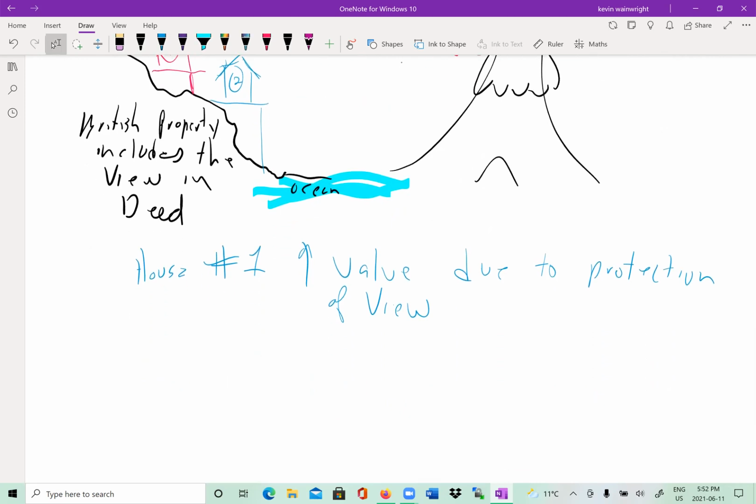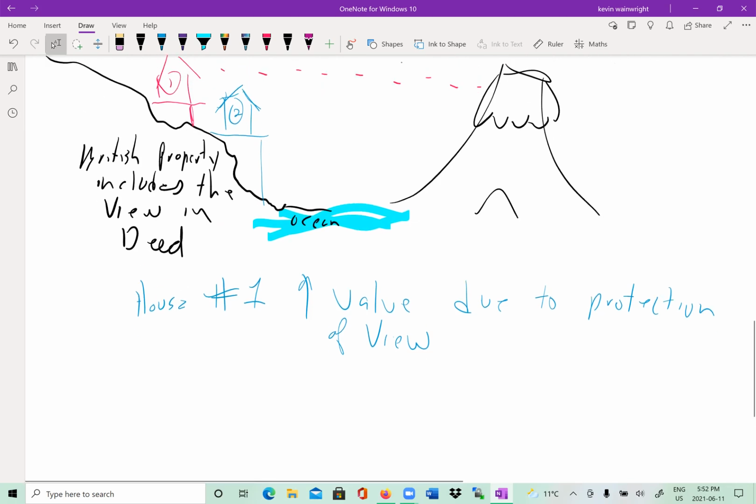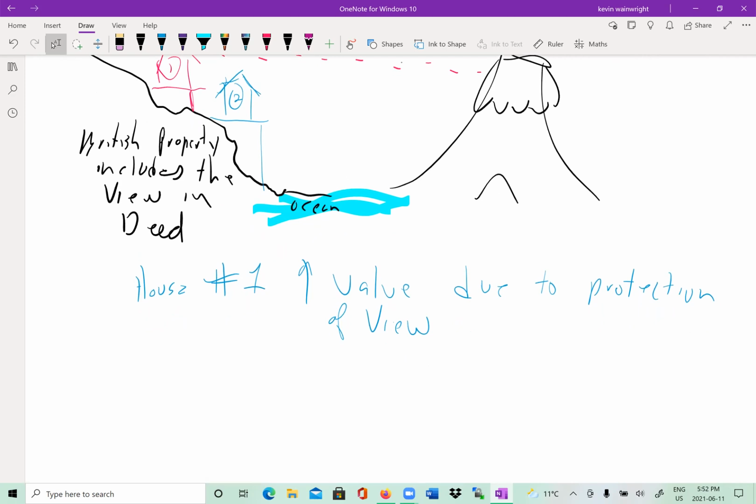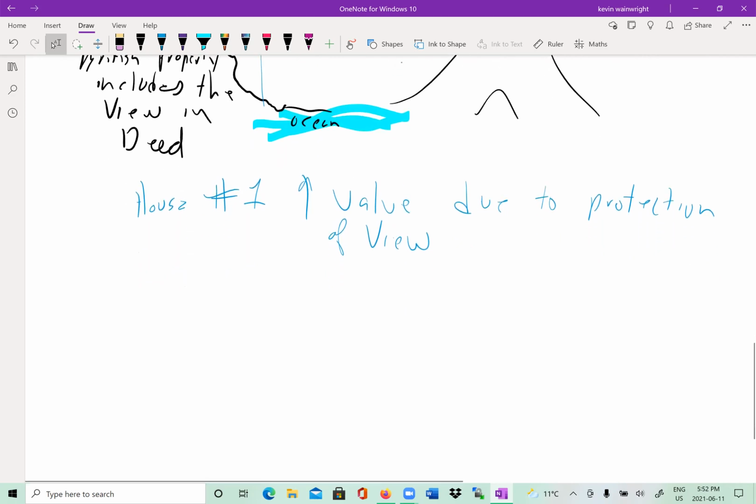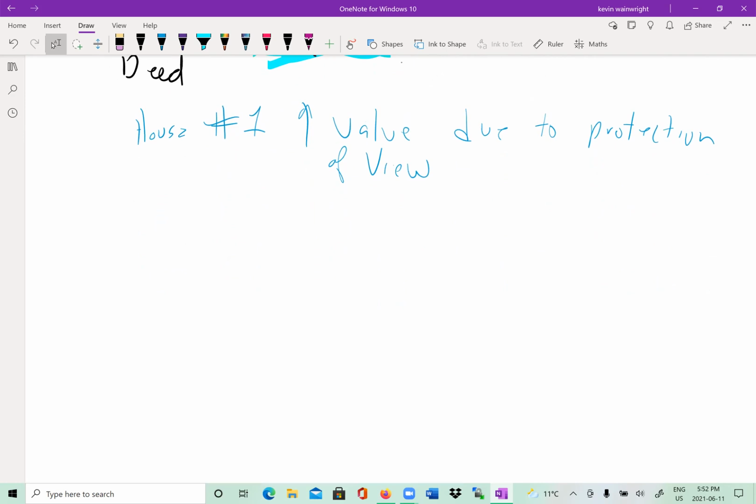Well, we can go and look at all sorts of neighborhoods with similar houses and compare the ones that have the property right built in, like British Properties, versus the ones that do not, and see the difference. Okay.